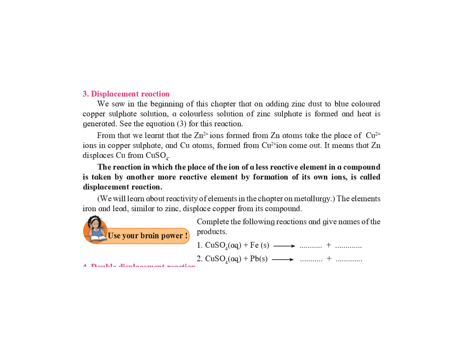CuSO4 plus Fe forms FeSO4 plus Cu. Fe, that is iron, being more reactive than copper, displaces copper from copper sulfate and takes its place. In the same way, CuSO4 plus Pb, lead, forms PbSO4, that is lead sulfate, plus Cu.